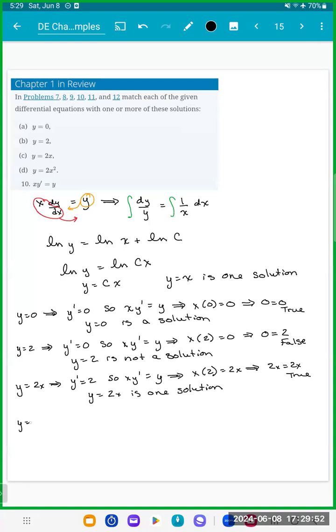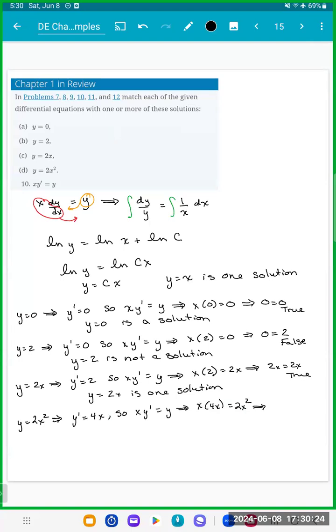Finally, we have y equals 2x squared. So our derivative of that is going to be 4x. So we have xy prime equals y. That gives me, sorry, this is not a 4 out here, this is an x.